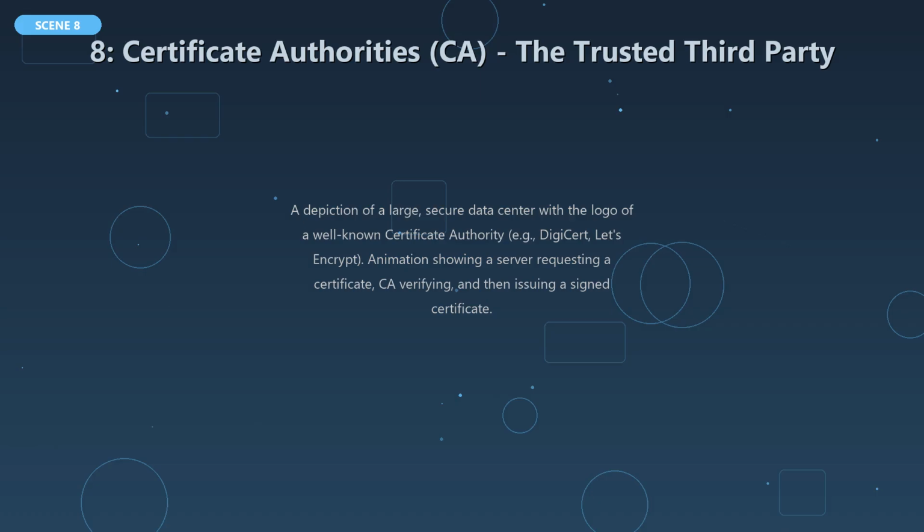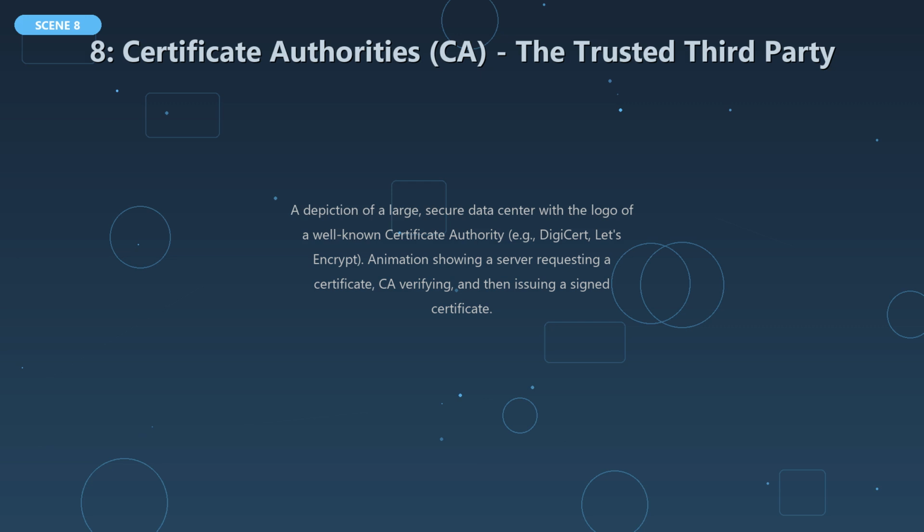Let's focus more closely on the certificate authorities, or CAs. These are the linchpins of PKI, acting as highly trusted third parties. Their entire business model revolves around verifying identities and issuing digital certificates that bind a public key to that verified identity. When we talk about trust on the internet, much of it boils down to trusting these CAs.